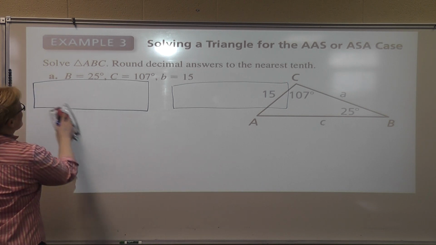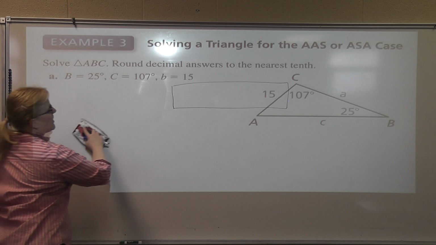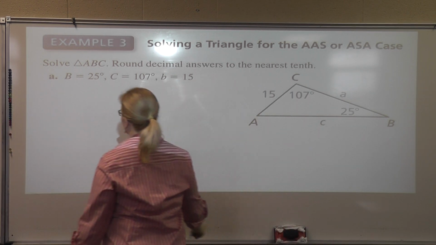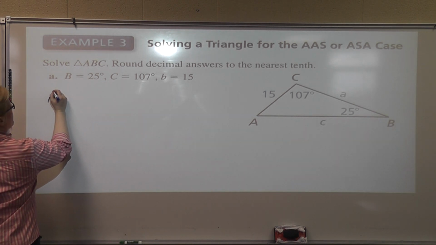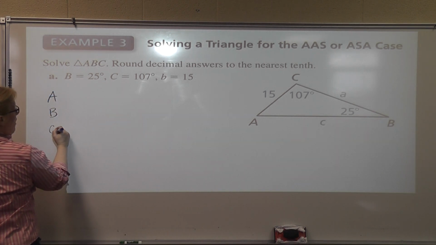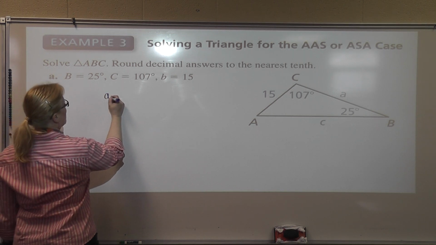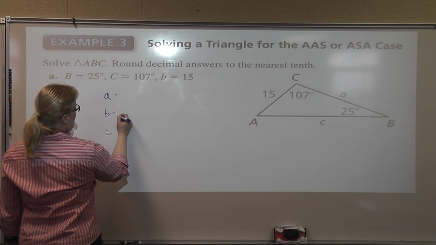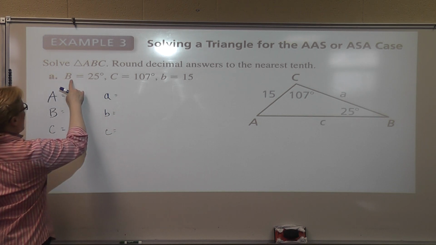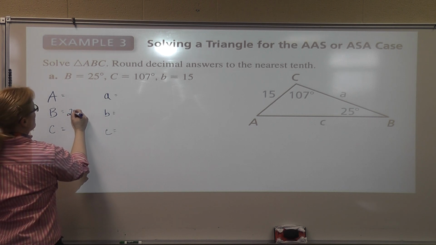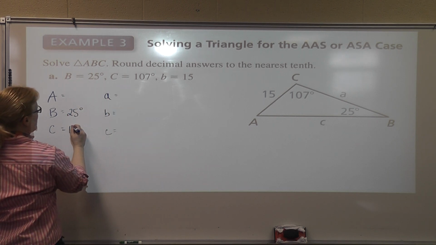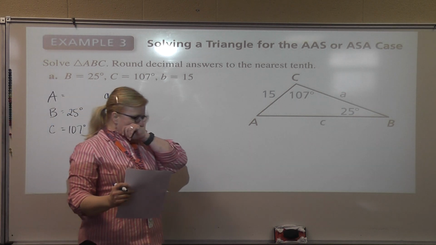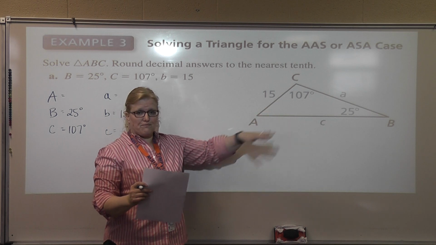Okay, so this says, solving a triangle for the AAS or ASA case. So when I'm solving a triangle, remember, I need all of my angles and I need all of my sides. So let's look at the information I do have. I have B, that's 25 degrees. I've got C, that's 107 degrees. And I've got the side 15, and that is here.